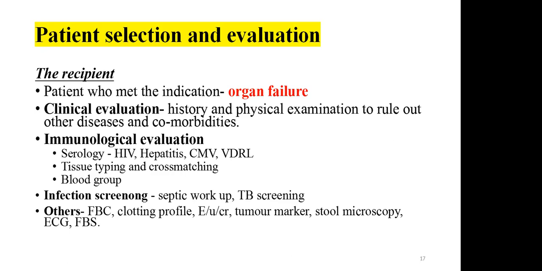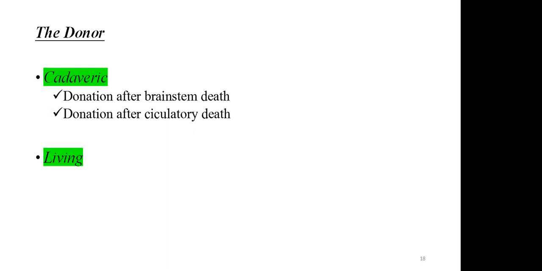Then stool microscopy, looking for intestinal worms, which if present should be treated before transplantation. Then ECG, as indicated, especially for those with hypertension or hypertensive heart disease, and then fasting blood sugar.